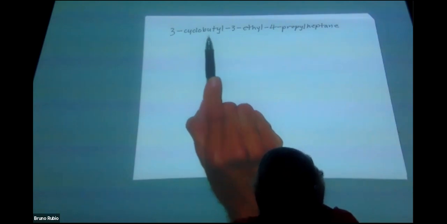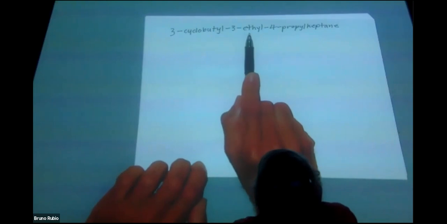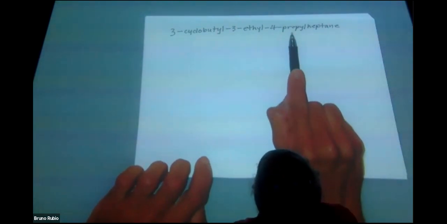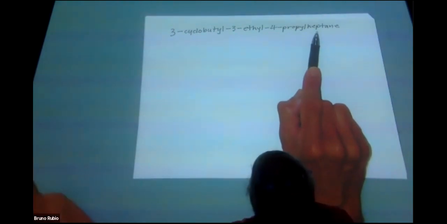So that's not the parent. Eth is a parent syllable, but that's not the last instance in this name of a parent syllable. Prop is a parent syllable, but this is not the last instance in the name of a parent syllable. Hept is a parent syllable. This is the last instance in the name of a parent syllable.